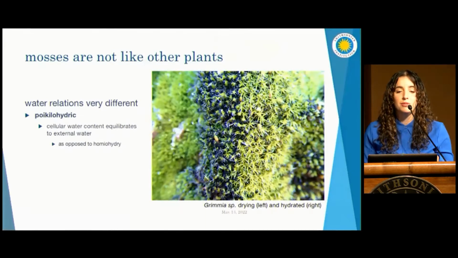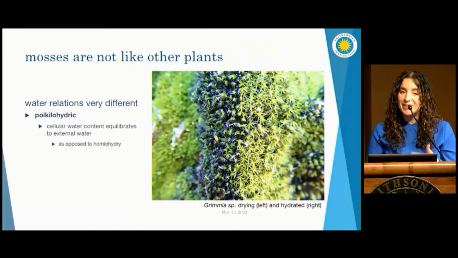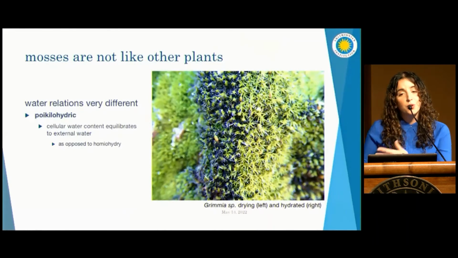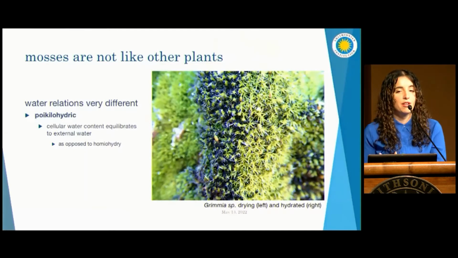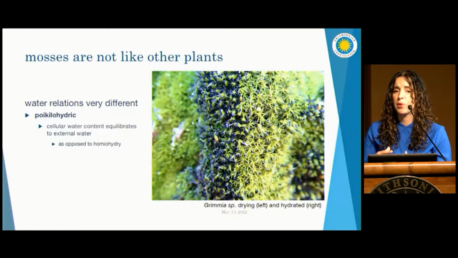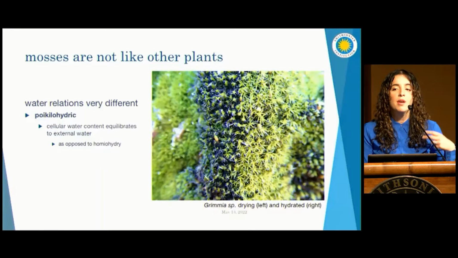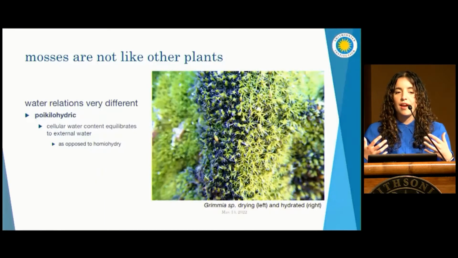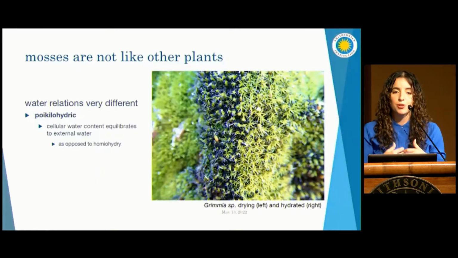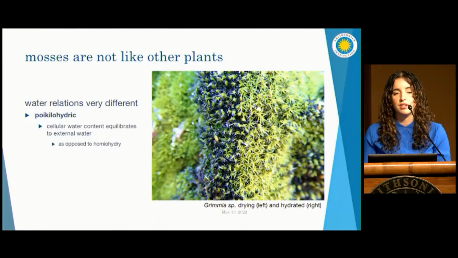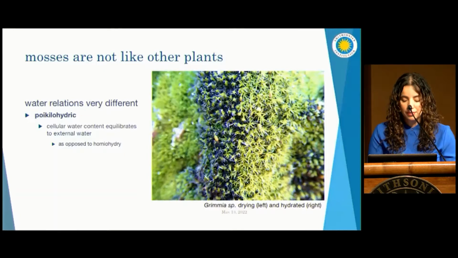Mosses are poikilohydric, which means that their cellular water content equilibrates to the external water environment. This is as opposed to homeohydry, which is most plants we're probably familiar with, plants that attempt to keep their internal water environment at an optimum, regardless of what the external water environment is like.